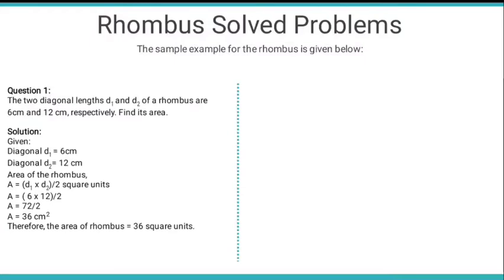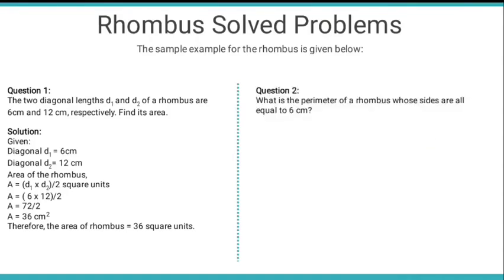A equals 6 times 12 divided by 2. So A equals 72 divided by 2. A equals 36 centimeters square. Therefore, the area of the rhombus is equal to 36 square units.